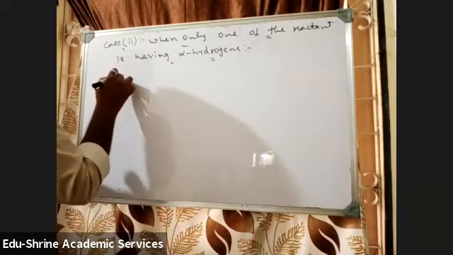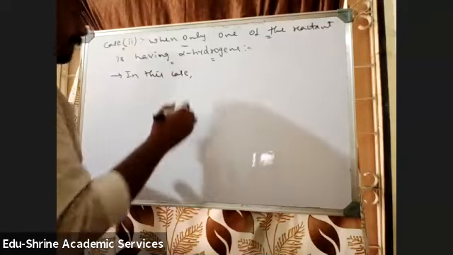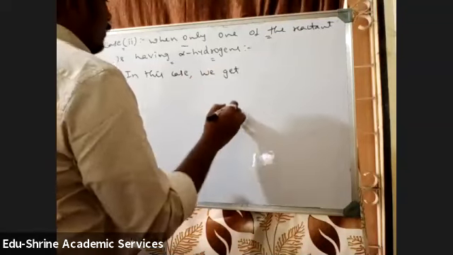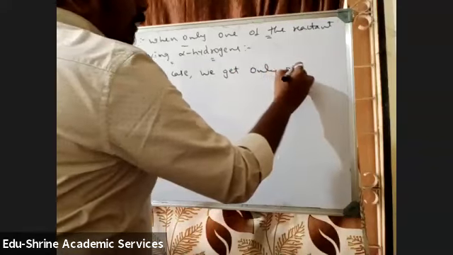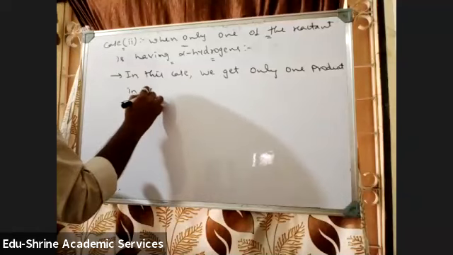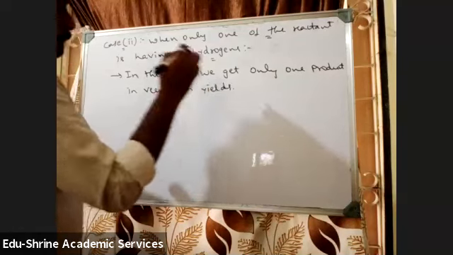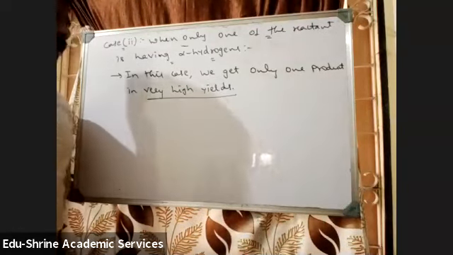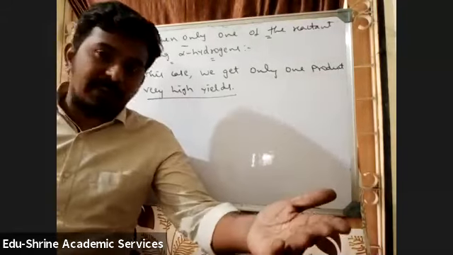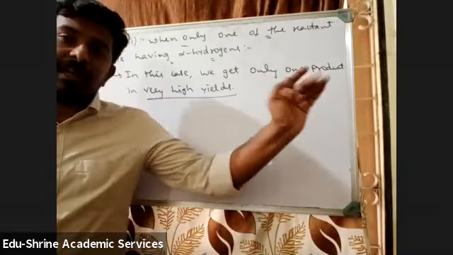So in this case, we get only one product in very high yields. That means you will be getting more than one product, but one product will be in very high quantities. That's why we'll neglect the other product.